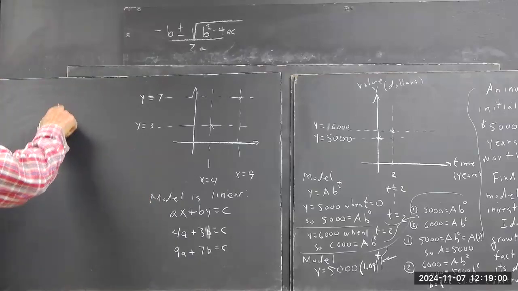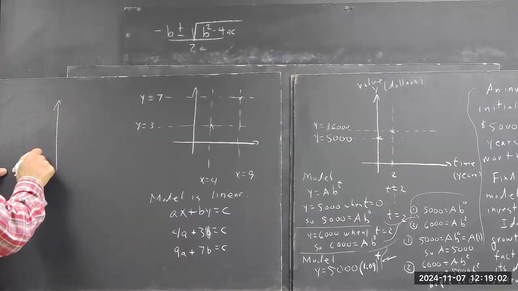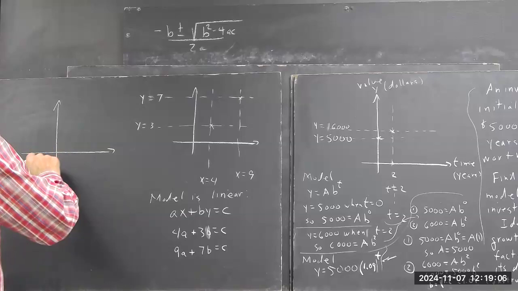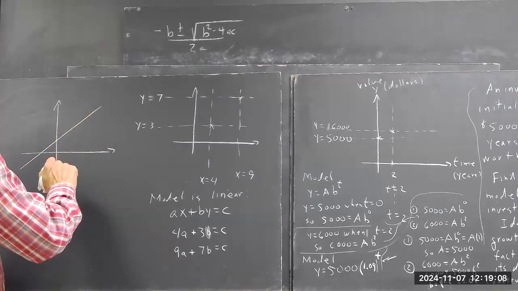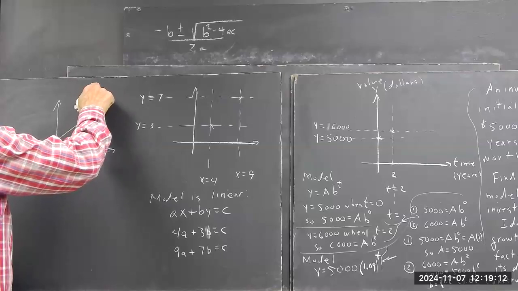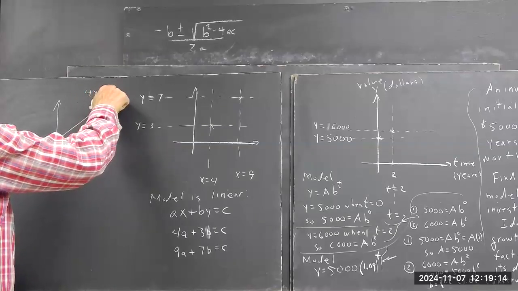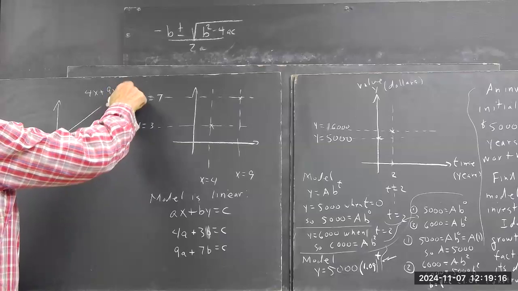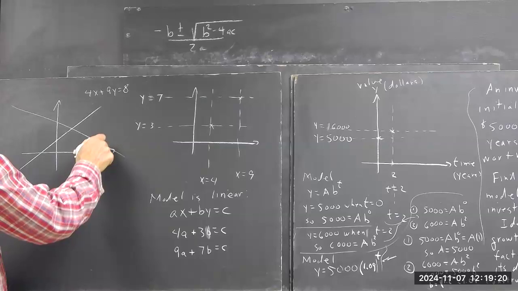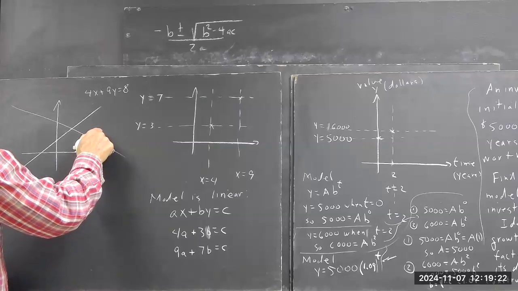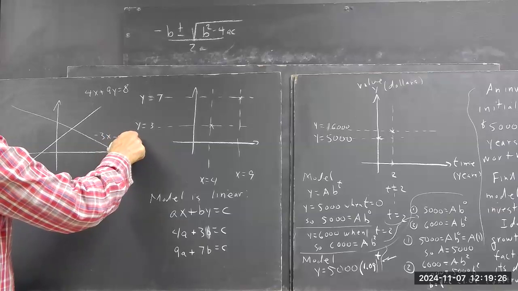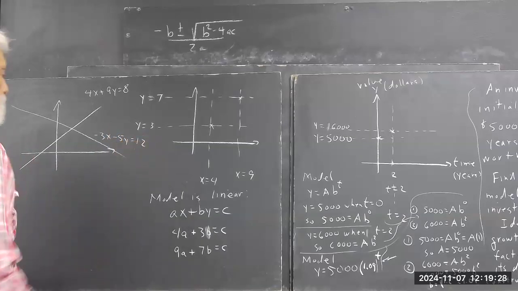Let's just say now that we have equations of 2 lines. Let's say this equation is 4x plus 9y equals 8. The equation of this line is negative 3x minus 5y equals 12.